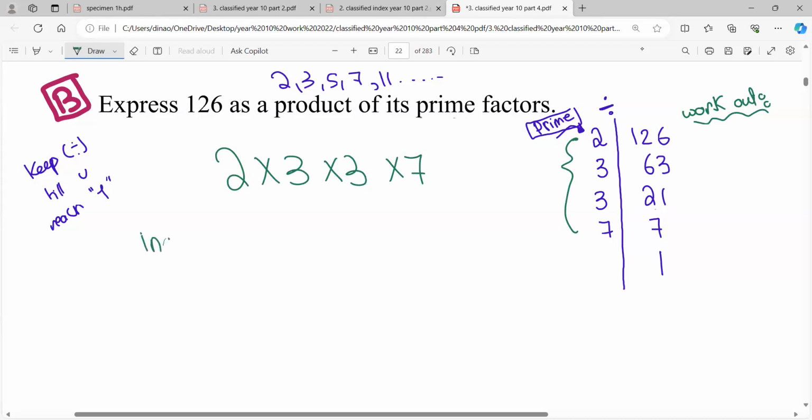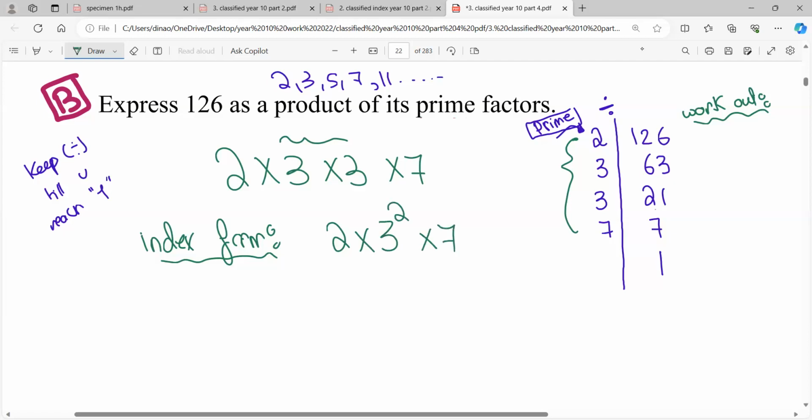If the question says write your answer in index form, since the 3 is repeated, I can square it. If you remember, when we multiply the same base, we add the powers. Since the 3 is multiplied twice, I can write it as follows. So here goes your final answer, okay?